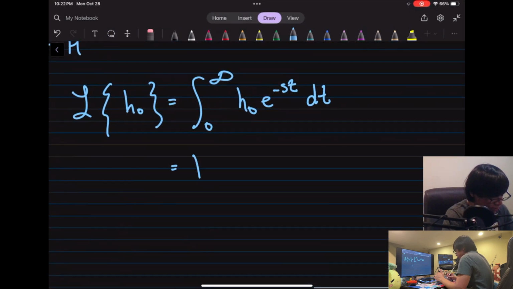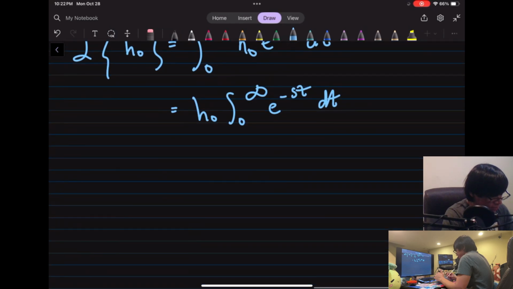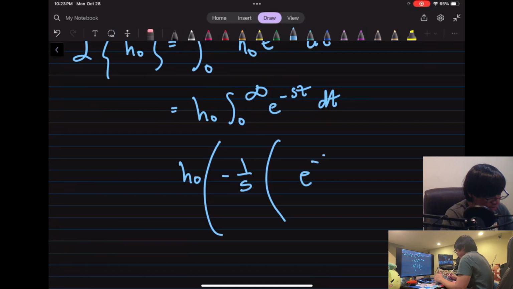We just pull it out of the integral, and we evaluate e to negative st dt. Of course, with exponentials, we can factor it out something like this. We just bring out negative 1 over s, and then this is, of course, again, e to negative st evaluated from 0 to infinity.